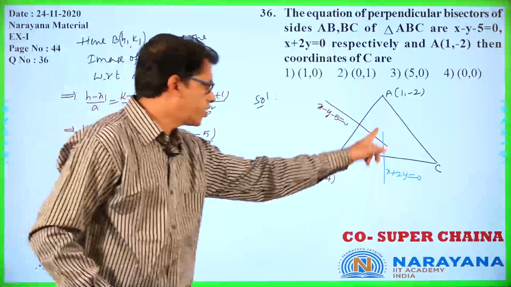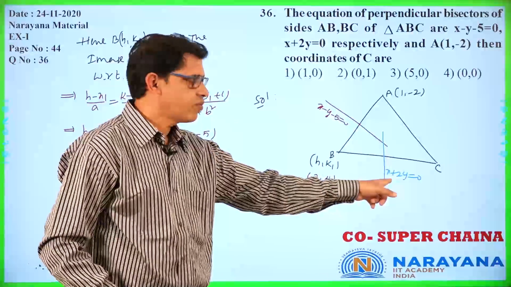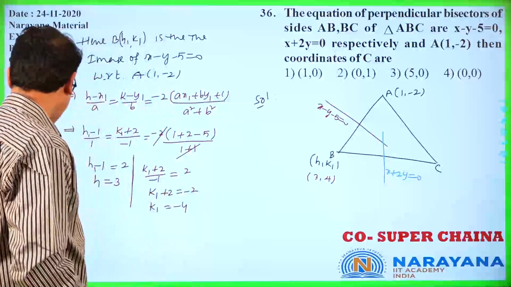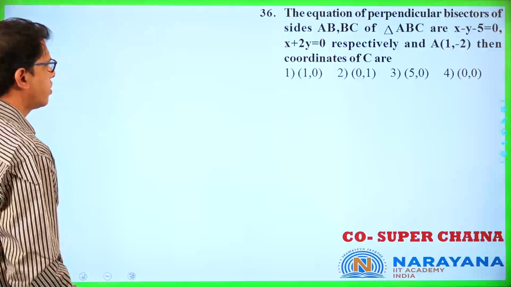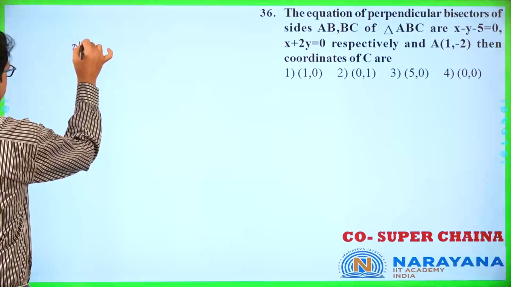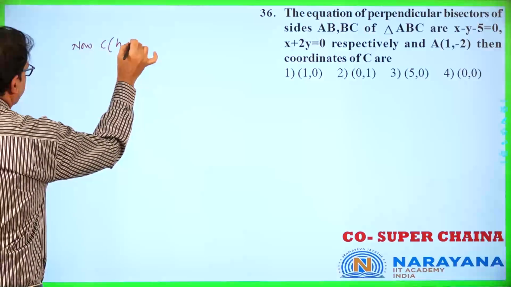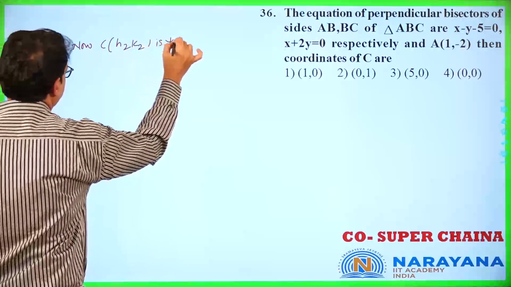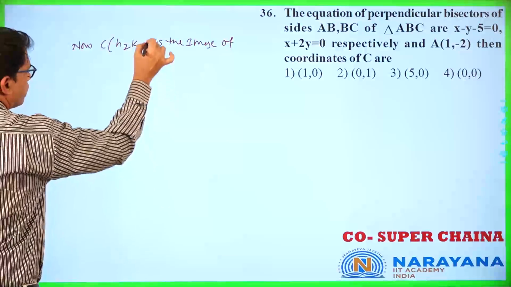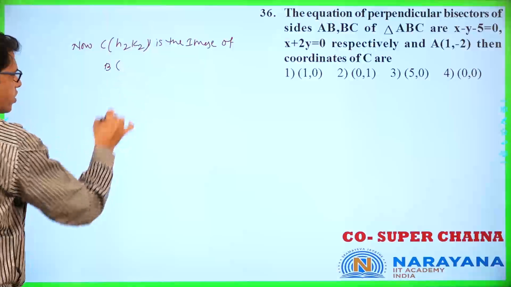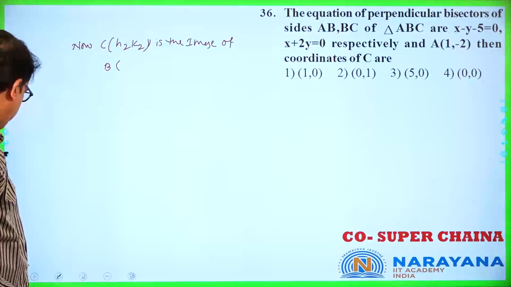Now C is the image of B, and this is the mirror line. Now let us find the coordinates of C. Say C is (h2, k2), the image of B. What are the coordinates of B?